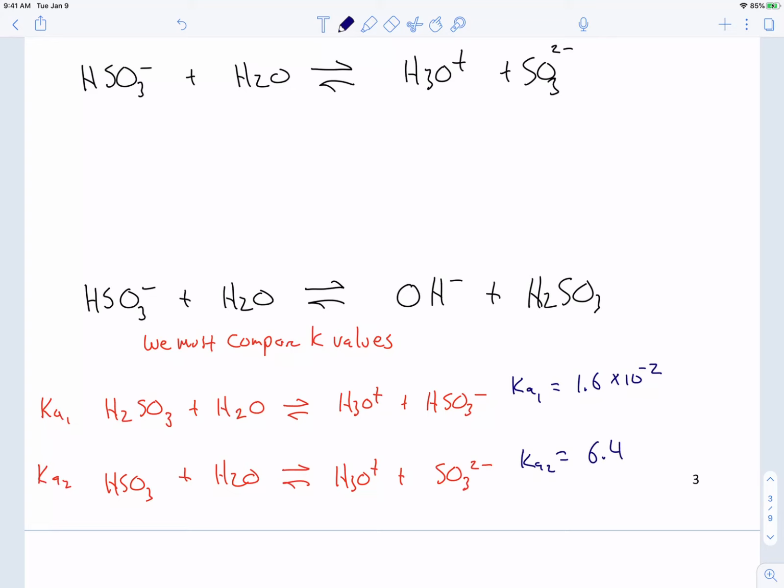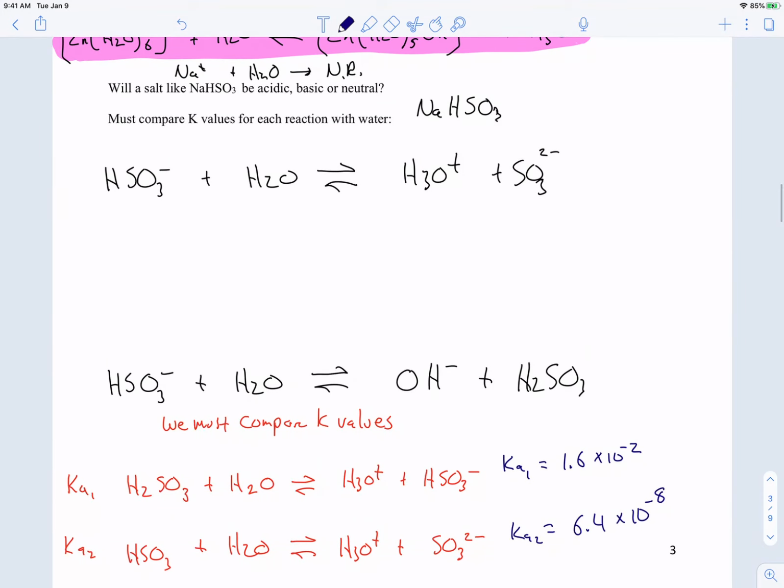So I just looked these values up in the textbook. You should understand that Ka2 will always be smaller than Ka1. Okay, so let's take a look, and we want to compare the K values for these 2 reactions.